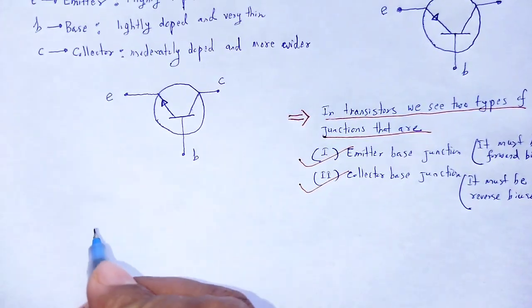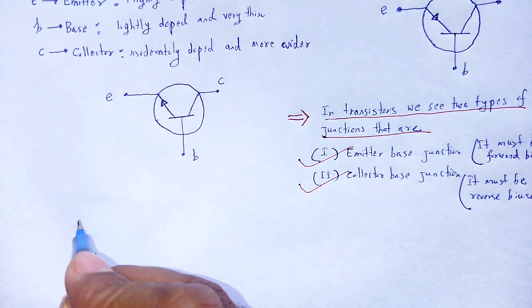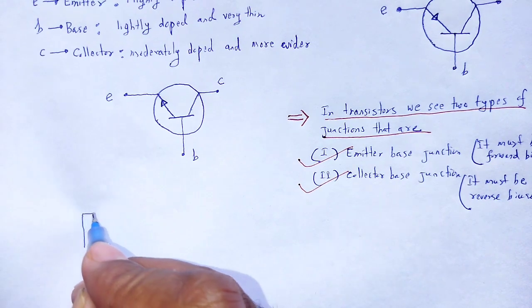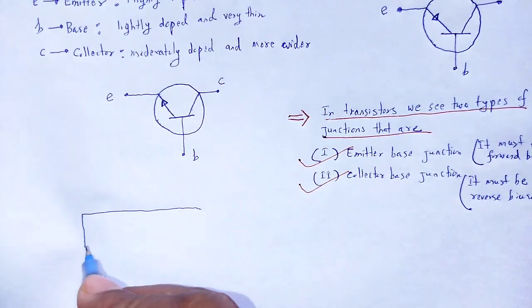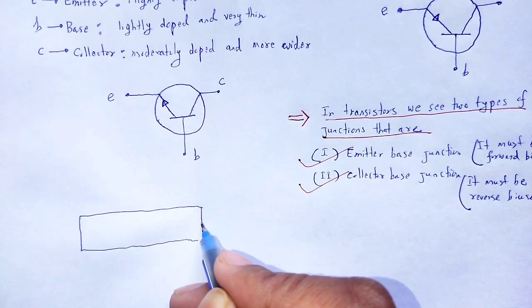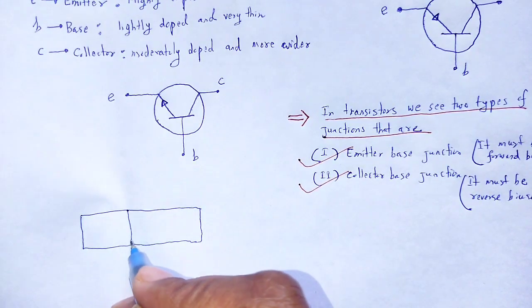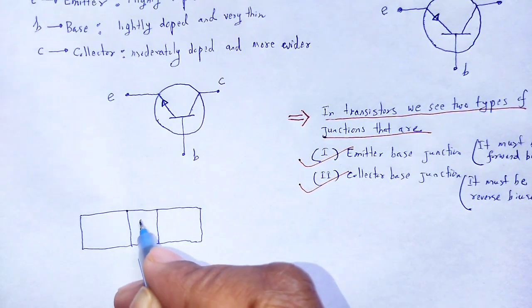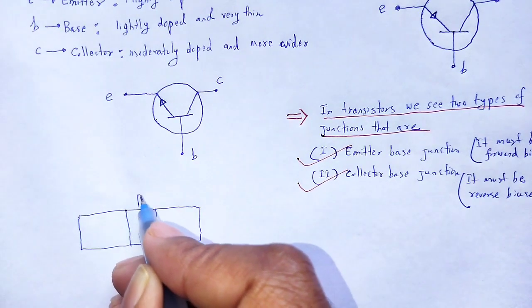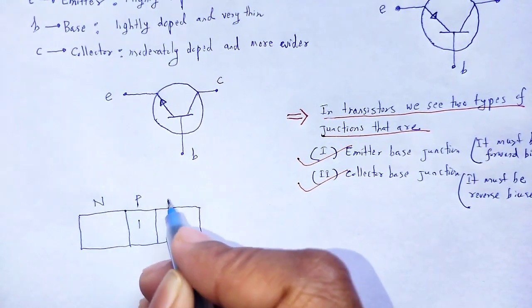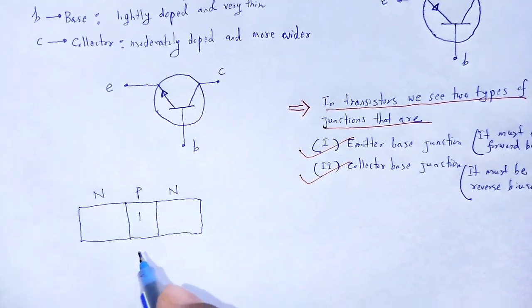In an NPN transistor, one P type is sandwiched between two N type semiconductors.